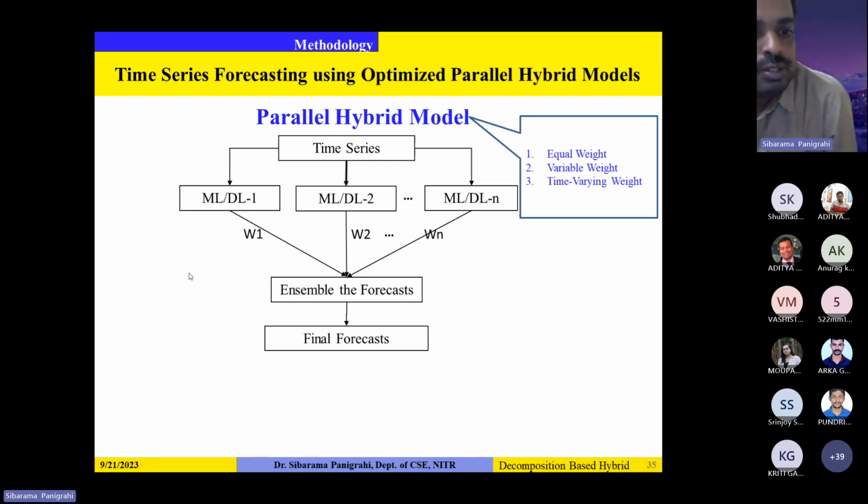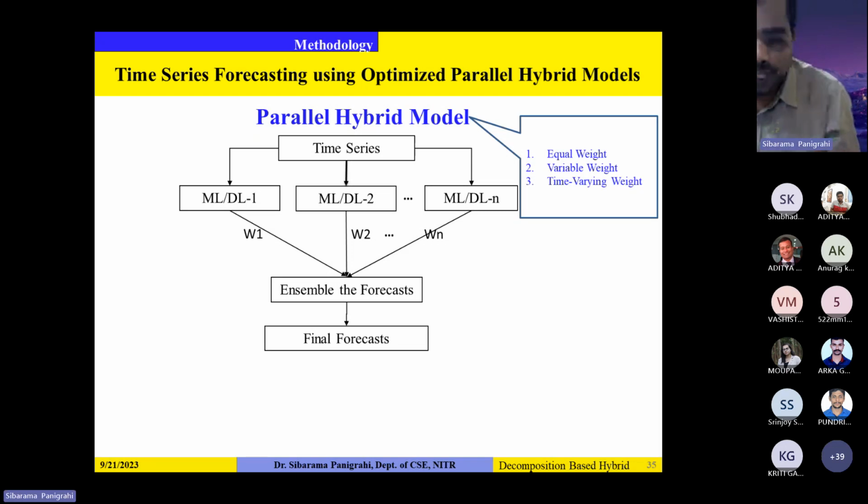Variable weight means, let's say you give 0.2 into F1, 0.3 into F2, and 0.5 into F3. So here the weights to the forecast combination differ. If the weights are the same, it's simple: take the average of all the forecasts. But if the weights are different, how do we know what weight to give to each individual model?